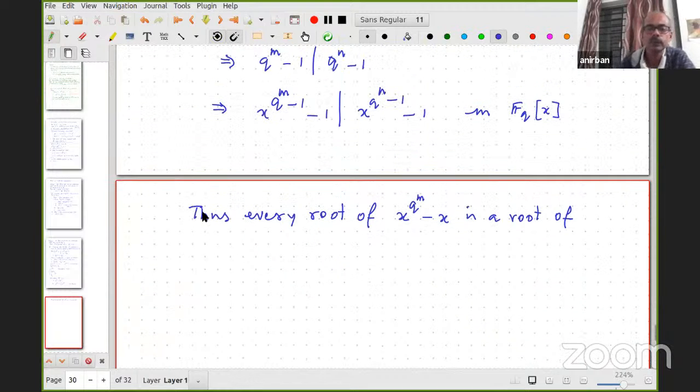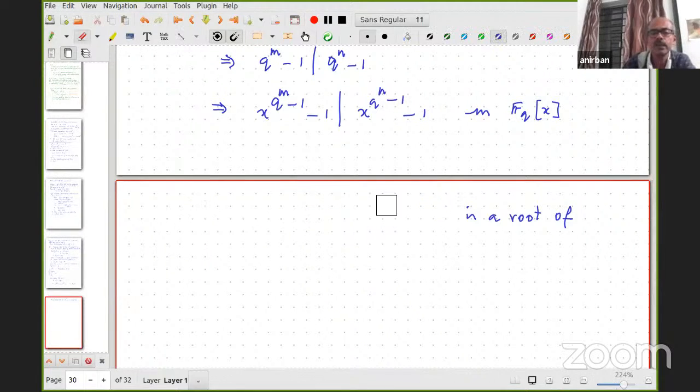Let me just show that. Just multiply by x on both sides, to include 0 as well. So every root of this is also a root of, let me just write it in a single line, better.